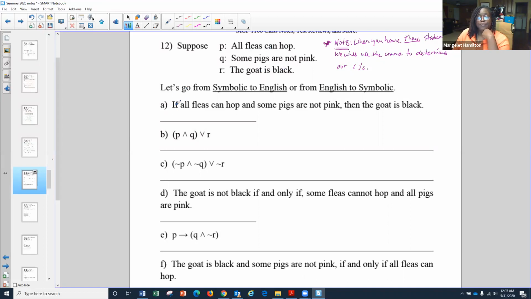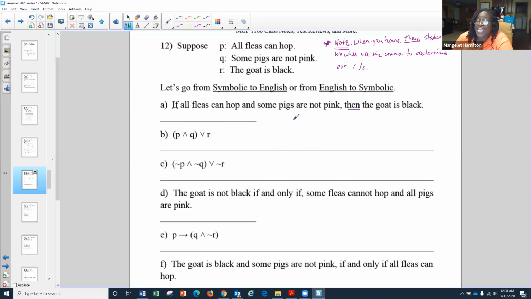Here we see, if all fleas can hop and some pigs are not pink, comma, then the goat is black. All right, now let's take a look at it real quick. After we finish reading this, you should see that we have a conditional statement going on. We have if and then. Okay, so we have an if-then statement.